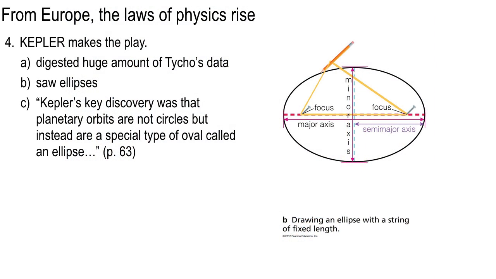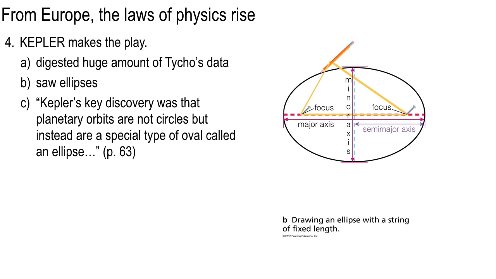Now, getting back to Kepler. Here's Kepler, and Kepler is the one that really set up the playing field for Galileo and Sir Isaac Newton, especially Newton. He was an assistant of Tycho Brahe, so he had all of Tycho Brahe's data available to him.